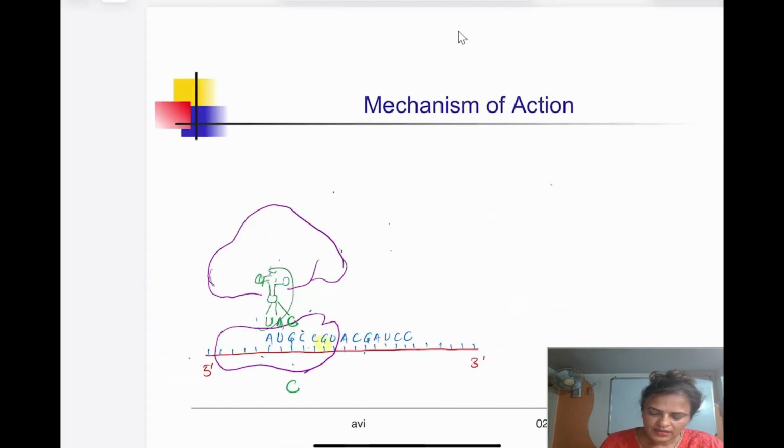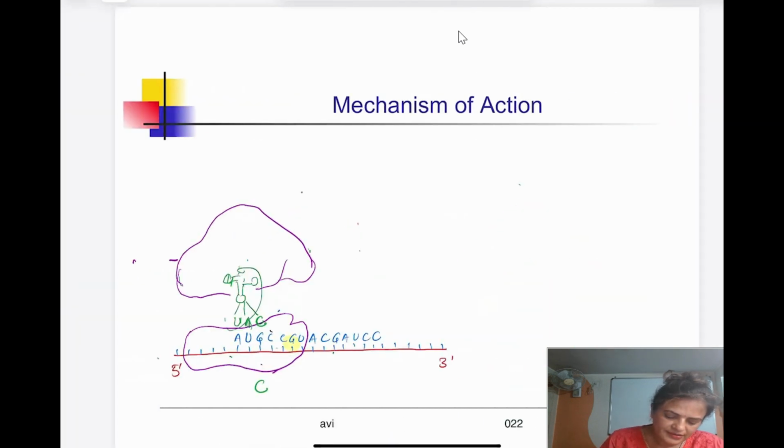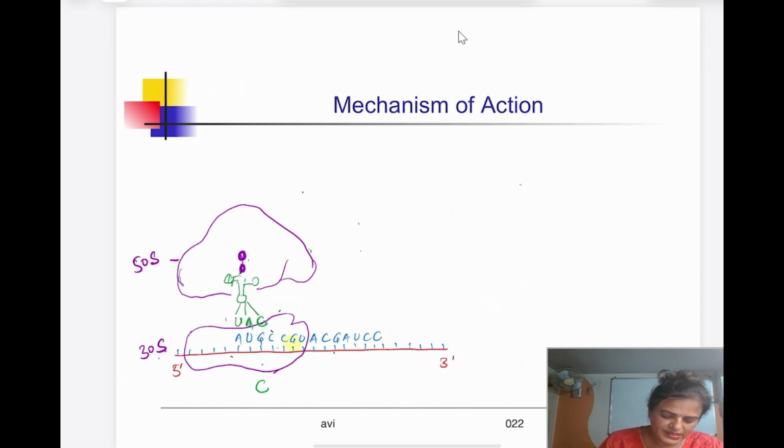The third one is the 50S ribosome, which will also come here. So this is the 30S and this is the 50S, and together it is the 70S ribosomal RNA.